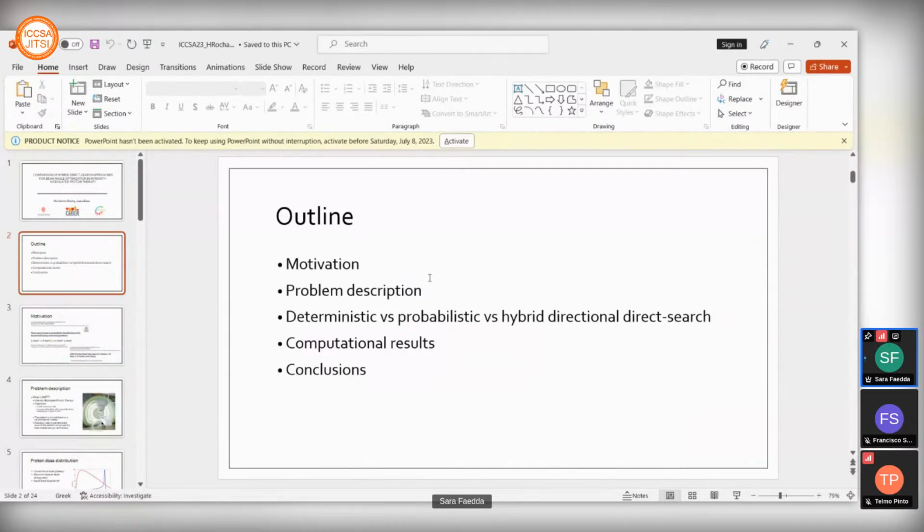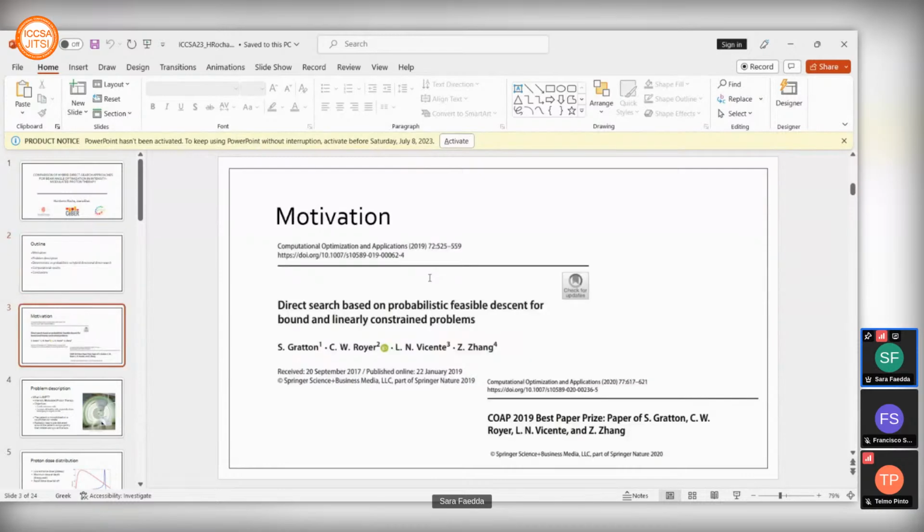I'll start by motivating why we update our algorithms. Then I will briefly describe the problem we aim to address. Then I will describe deterministic and probabilistic direct search methods that we used in the past, and we'll explain the now proposed hybrid approach. I'll present some computational results and conclusions.